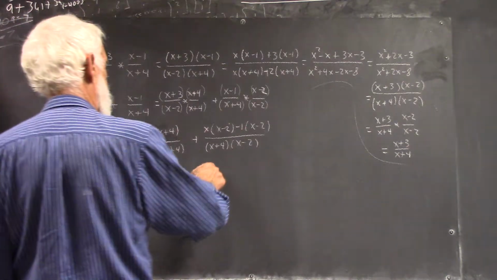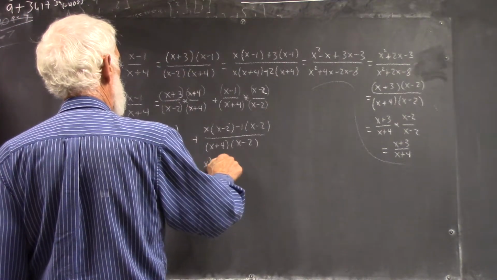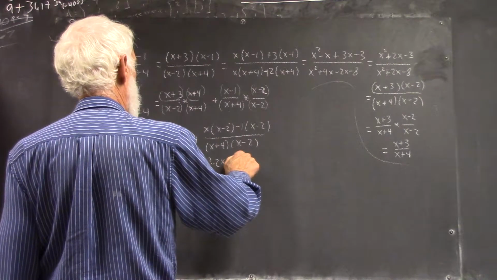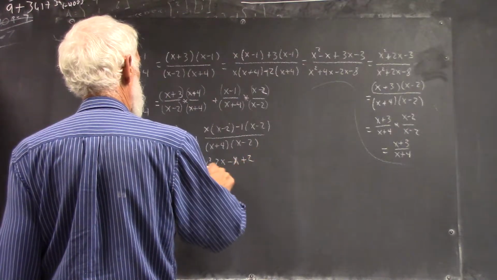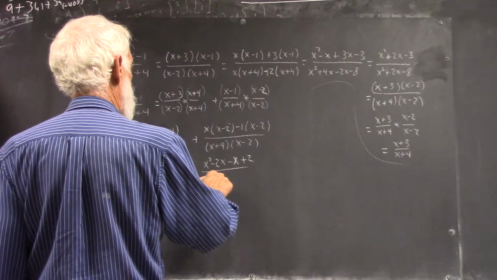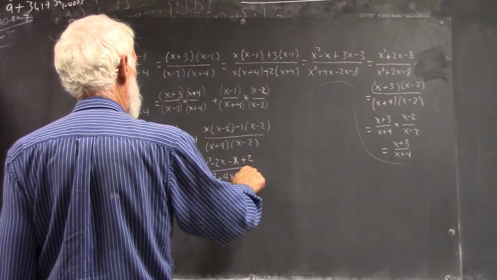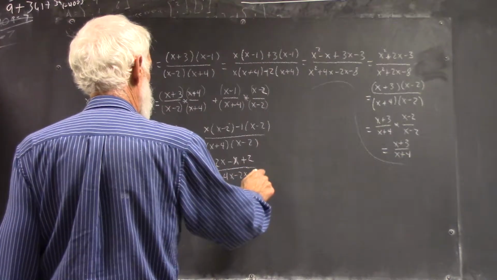And then that's plus x squared minus 2x minus x plus 2. And this is x squared plus 4x minus 2x minus 8.